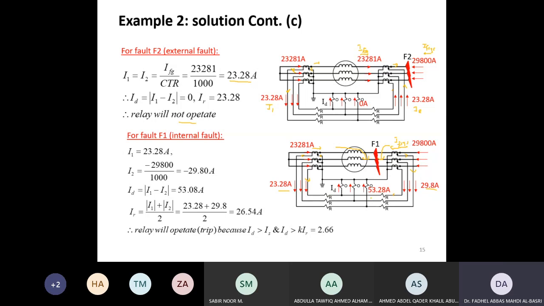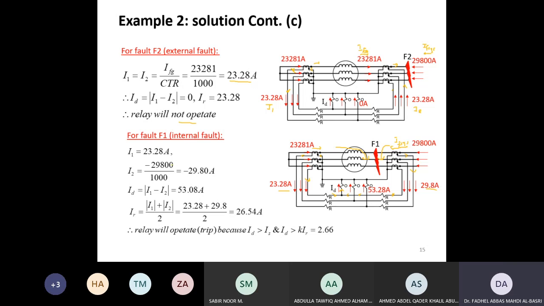So the differential current becomes a summation. This current will add with this and give me this current. Okay, and this is in case of fault at F1.